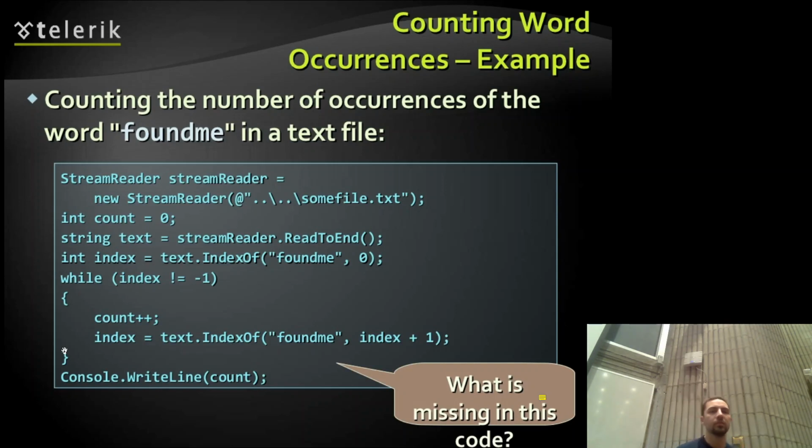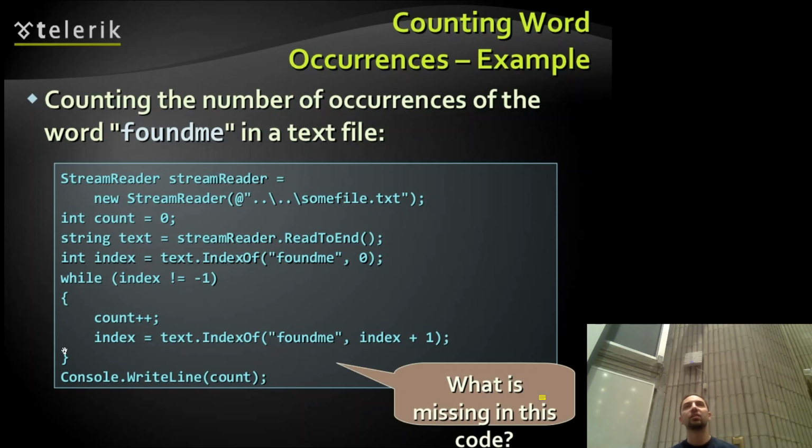So here's a little snippet of code. It opens up a file as a stream reader, reads the whole thing into a string, and then uses a method of the string class, index of. This is very much like strstr in C. It tries to find the index where some text occurs, using a linear search.